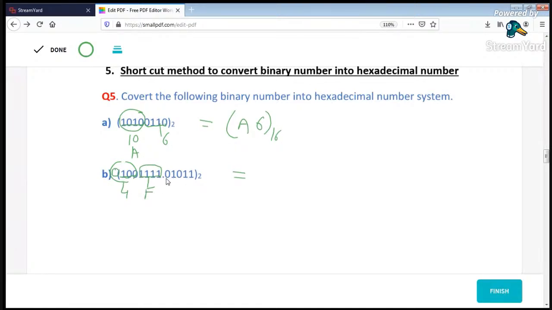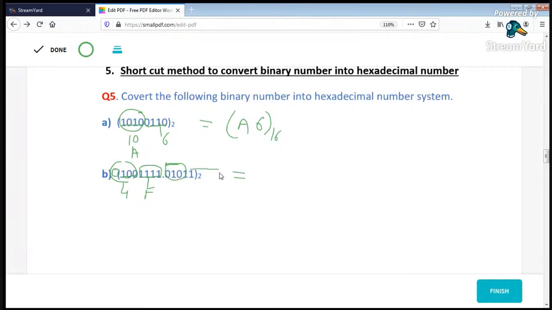Now see the right side, after the decimal point. Here we will pair groups of 4, so from the decimal point we move from left to right. This is 4 bits.